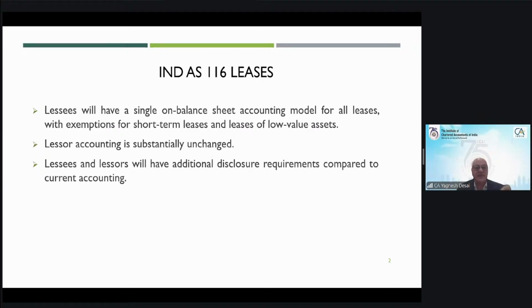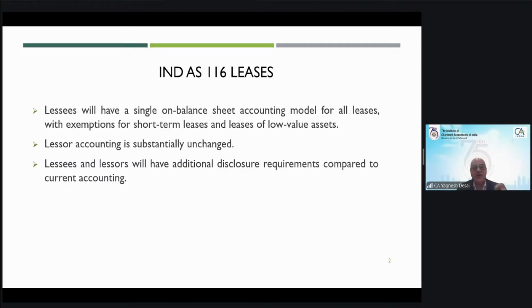Lessee under the finance lease used to recognize the assets under finance lease, and at the same time the lease payments reduced to the present value using the incremental borrowing rate or the implicit rate of the lessee in a lease. So the accounting entry passed by the lessee under the erstwhile Ind AS 17 was as under: debit assets under finance lease and credit lease obligation.